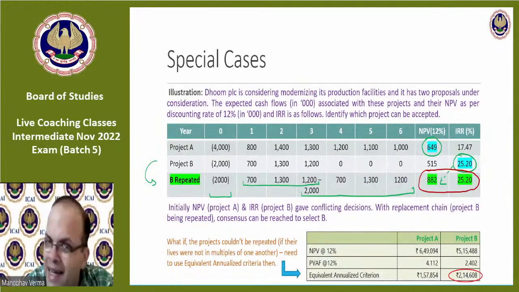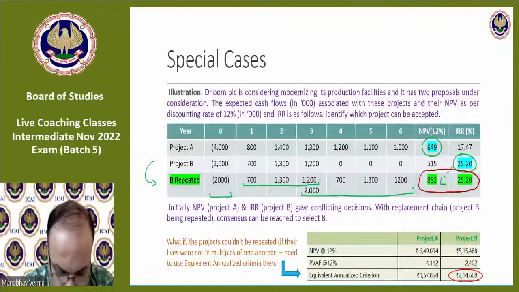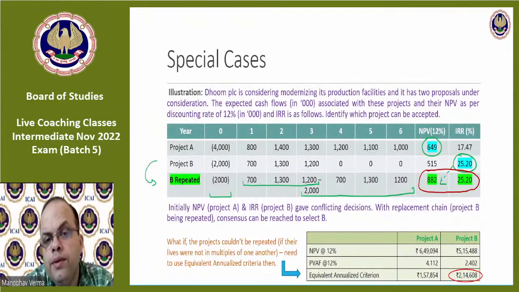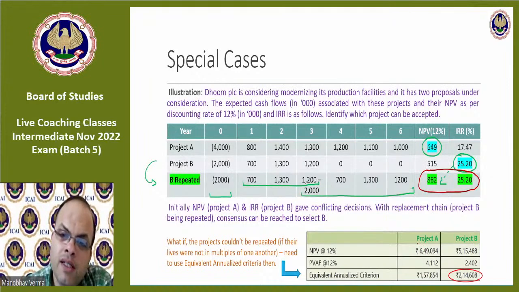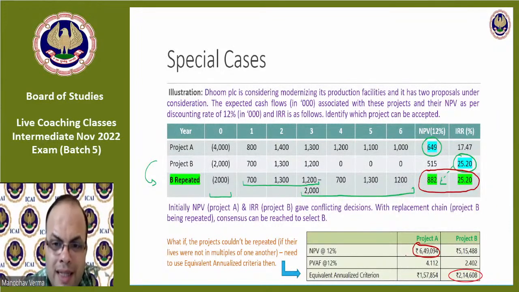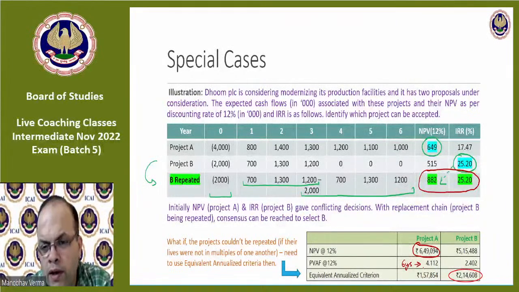However, let's say we come to the reality. We say that no, Project B cannot be repeated. What do we do then, guys? Now, we are talking about Project A's NPV is 649,094 and the present value annuity factor for 6 years is 4.112.